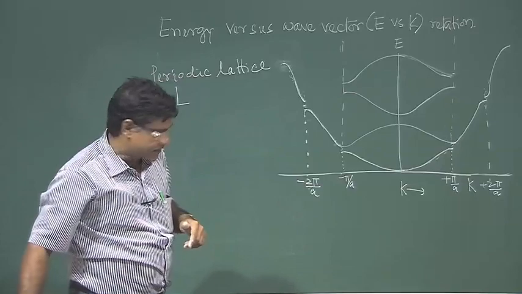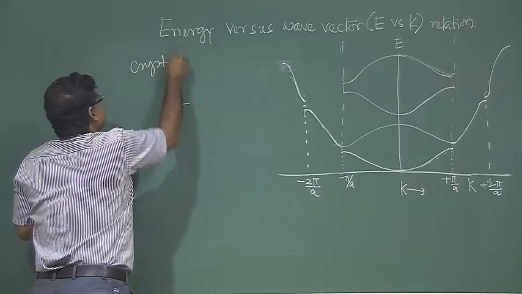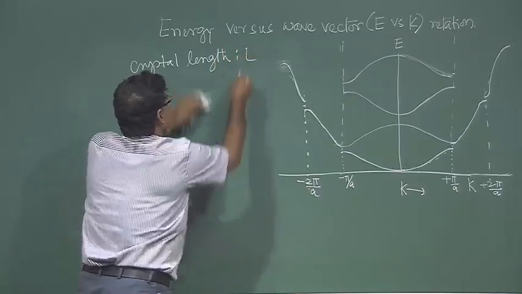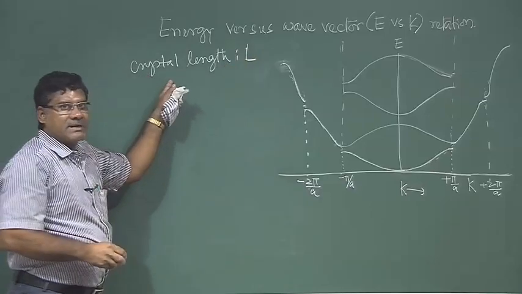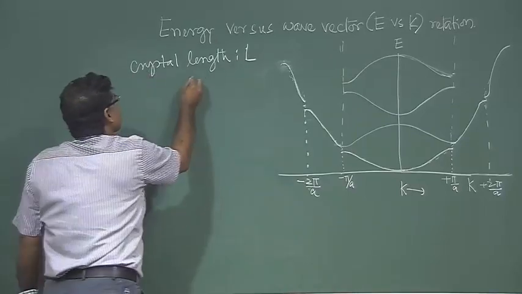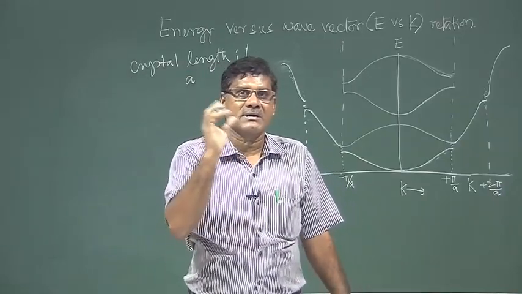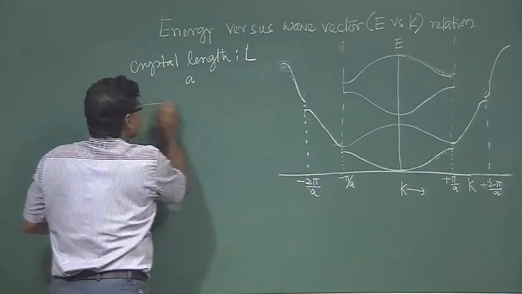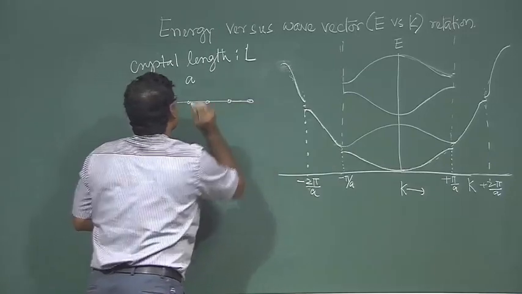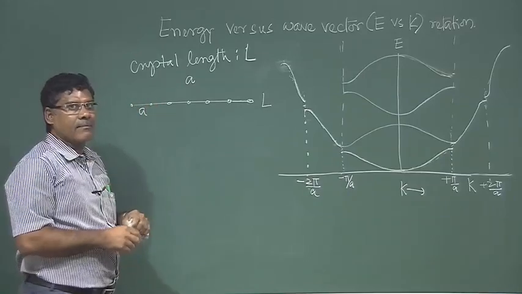Say the crystal length is L. Okay. Now, if the periodicity, the lattice constant, is a, and if n lattice points are arranged on this, the length is L and the distance between two lattice points is a. Okay.